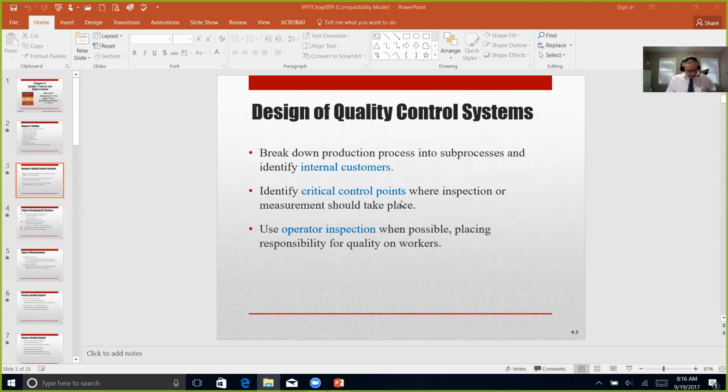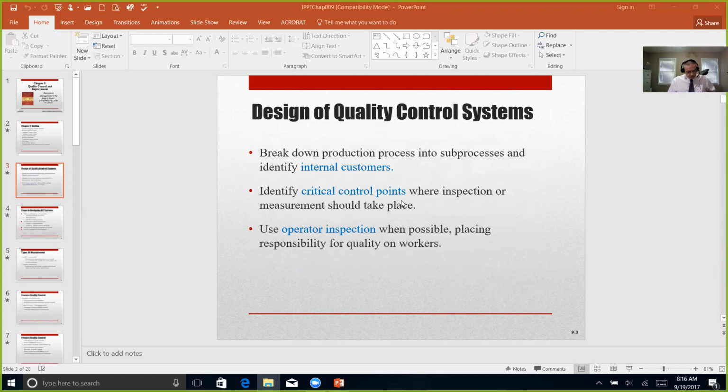Then we look at what processes we need controlled, called critical control points, those points where inspection or measurements should take place within that value stream. And at each one of these points that we're going to inspect, it comes back to management really understanding the process, and working with their teams to determine at what point we are going to inspect.